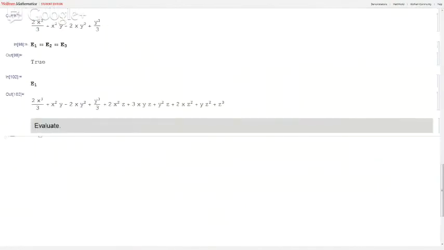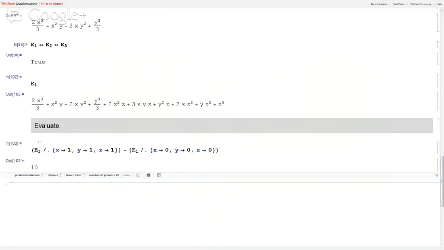So, E sub 1 evaluated at x is 1, y is 1, z is 1, minus E sub 1 evaluated at x is 0, y is 0, z is 0. And that is the answer.